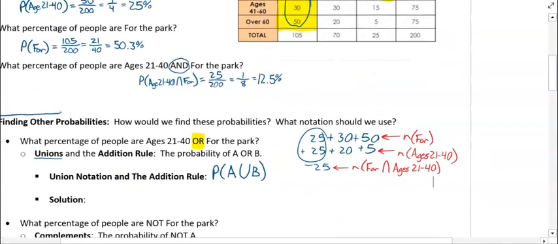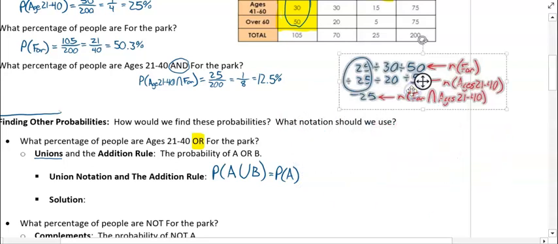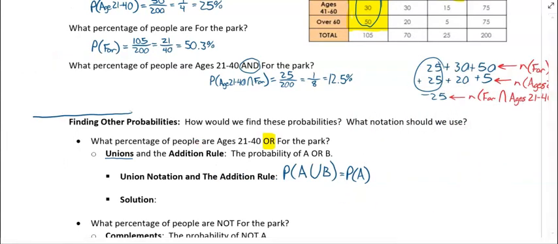The probability of A union B is going to be the probability of the first whole group, plus the probability of the whole second group, minus the probability of the people you counted twice, and the people you counted twice are in the intersection. So this is our addition rule.